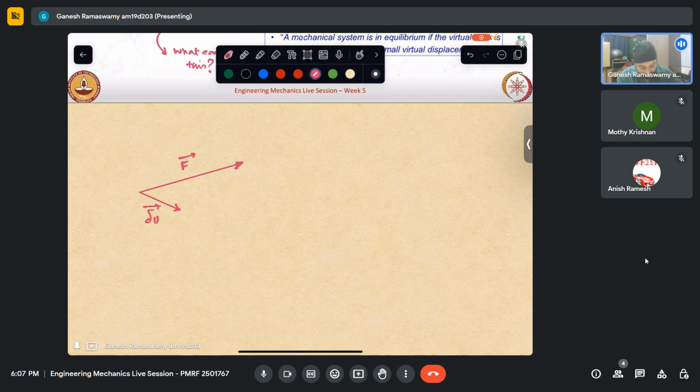In this case, we are able to see that theta is less than 90 degrees. Therefore, its virtual work, F dot delta U, will be positive.